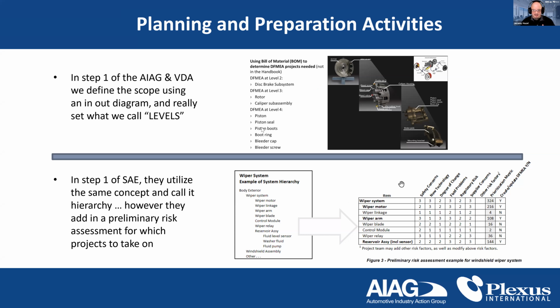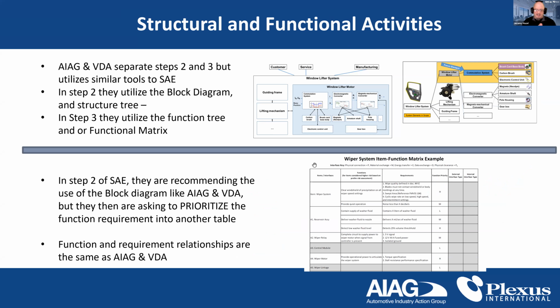Now, in steps 2 and 3 of the AIAG method, we separate structure and function. The similar tools, though, are utilized, and the intent is the same. In step 2, you're going to look at and use tools similar to a block diagram.